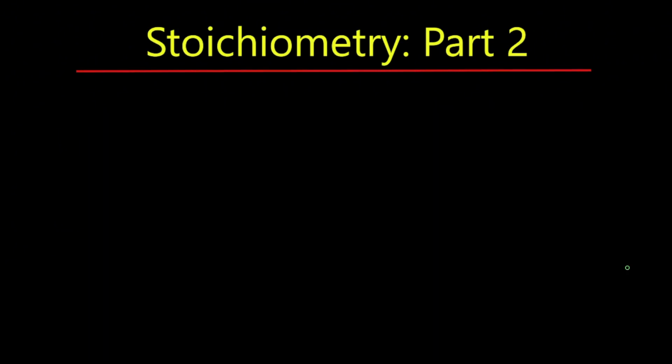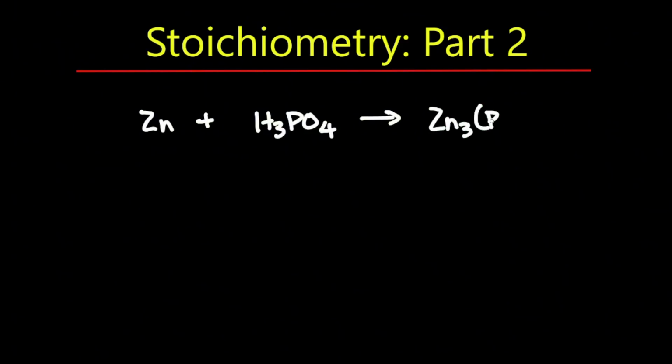Here is another question for you to try. How many moles of zinc phosphate are produced from 2.4 moles of hydrogen phosphate?